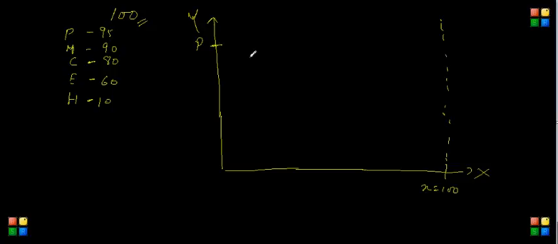I have to consume 95 in all. So let's draw a line representing 95. This is x equal to 95 and this length is 95. Now M is equal to 90. So I am now looking at populating M equal to 90. So there are 2 regions again, 0 to 95 and 95 to 100. This has no line and this has 1 line.